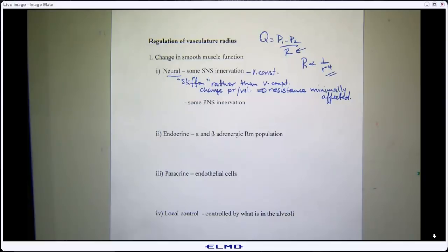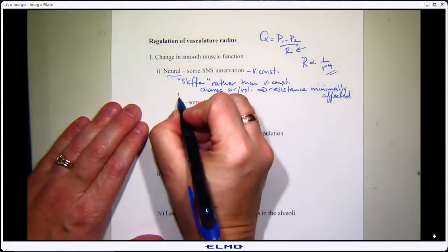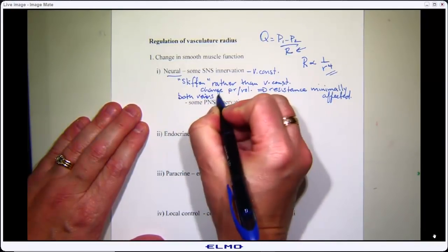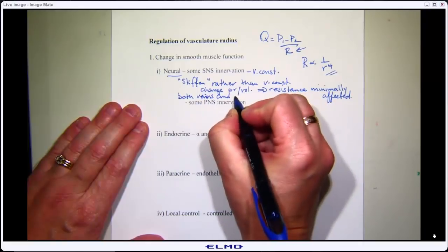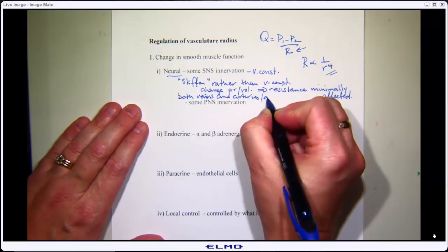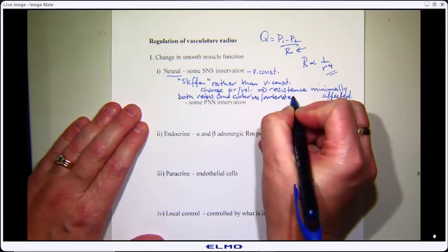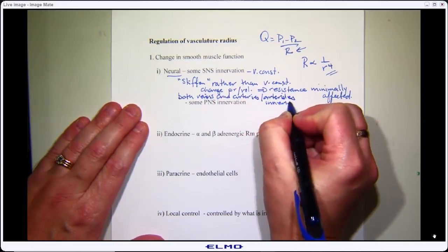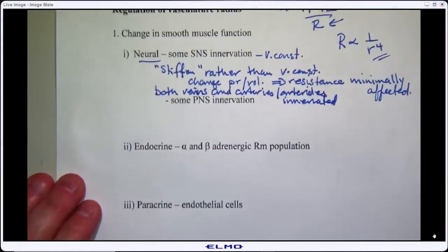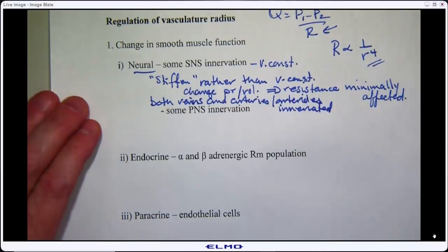Both veins and arteries are innervated, but again, we don't have powerful control up here. So we have a little bit of control, but not a whole lot. Both the veins and the arteries and arterioles are innervated, but it's not powerful.